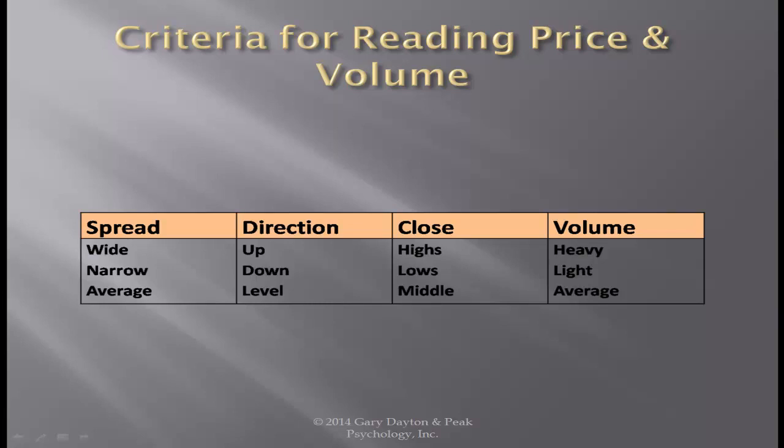If we're in a trend and we're pulling back and we're making average to narrow range bars, the direction being down on them, they're closing in the middle on light volume, it's saying that there's no supply there. But we want to look at price bars as we go, instead of just talking about it. Instead of just talking about it, we're going to look at them.